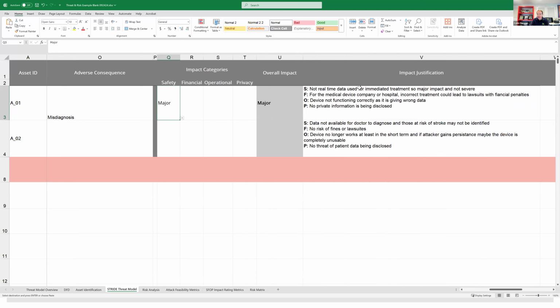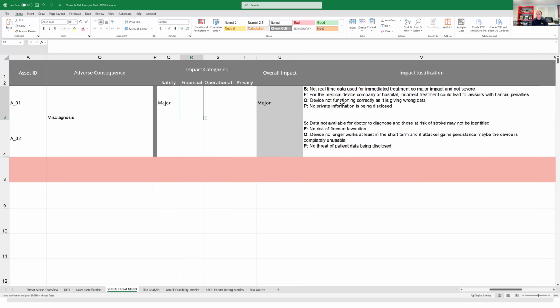And over here in the impact justification, you can follow along as I go through these impact categories. Financial is for the medical device company or the hospital. This is not for the FDA, but we find it extremely valuable for the medical device company and their customers to consider, is there legal implications?